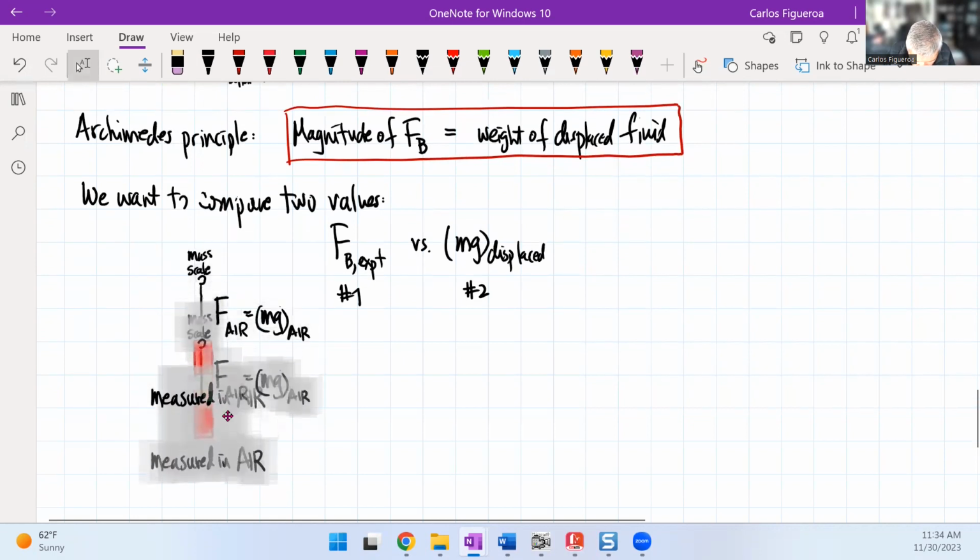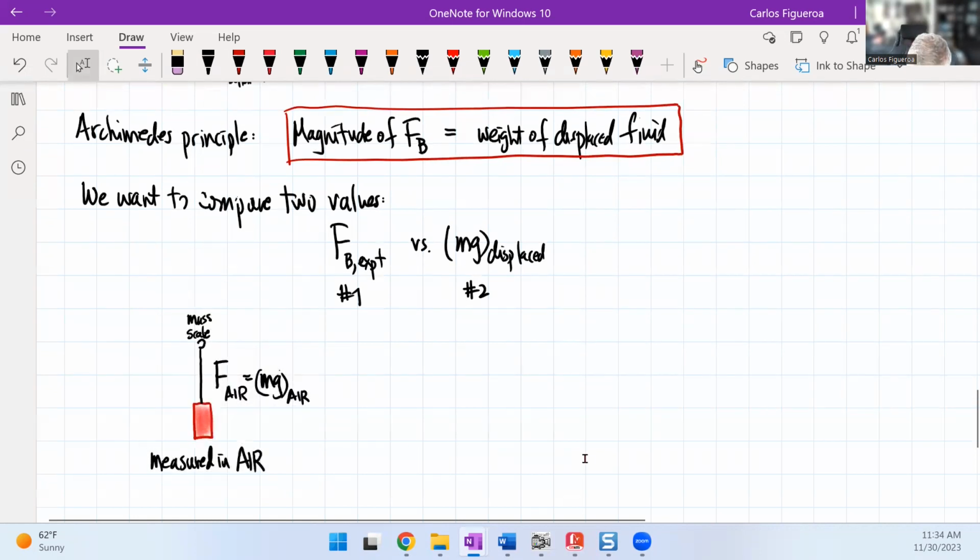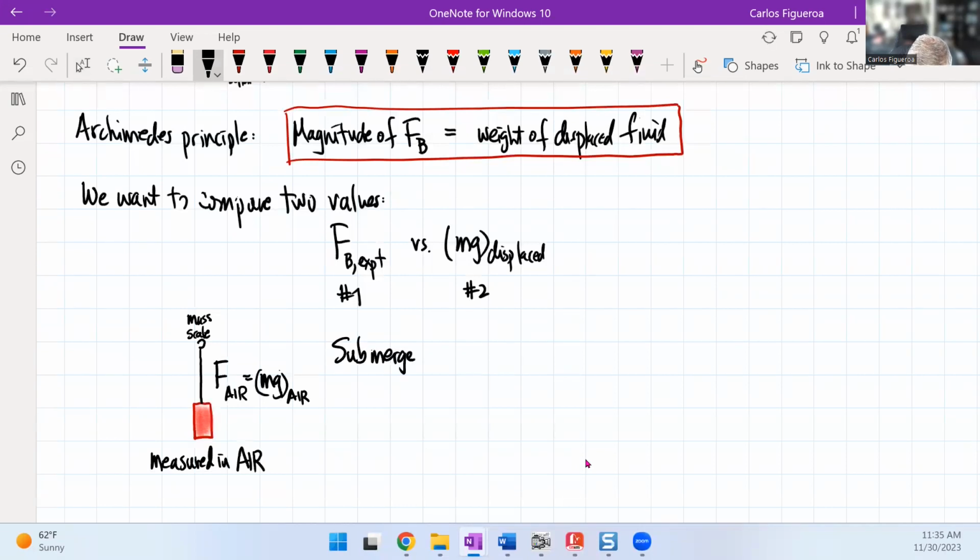Now you're going to submerge the block into water.